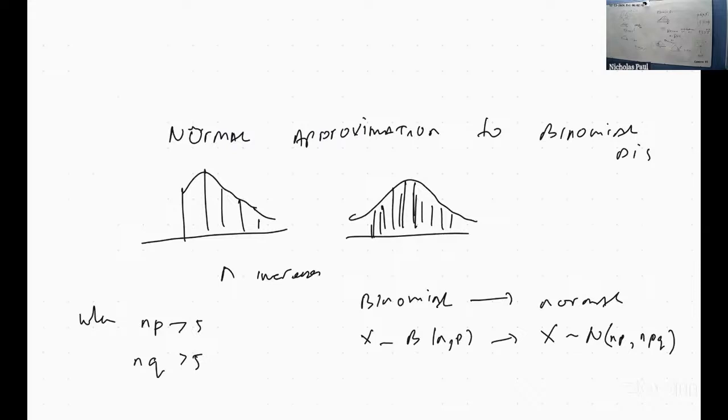Is it discrete or continuous? The binomial is discrete. Good try, Darian. And what type of distribution is the normal, Kaden?